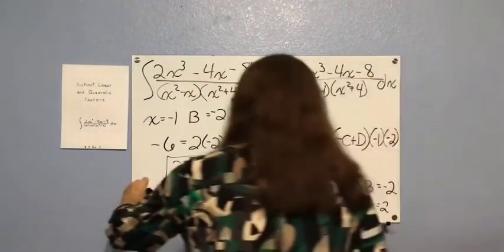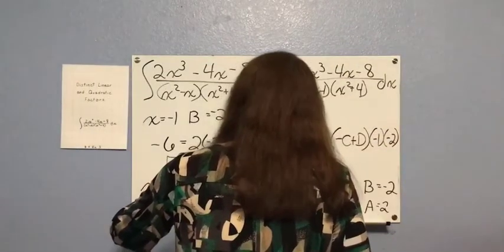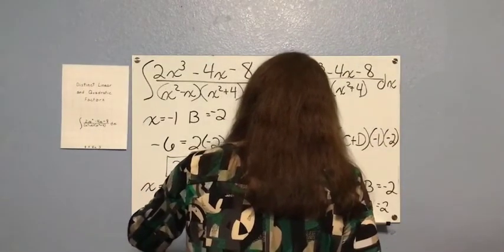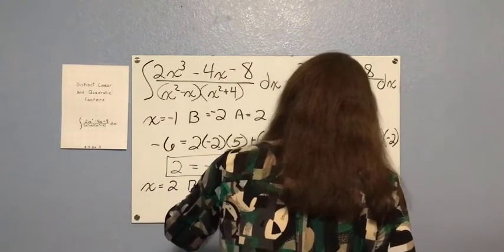Now I'm going to let x equal 2, b is still -2, and a is still 2.